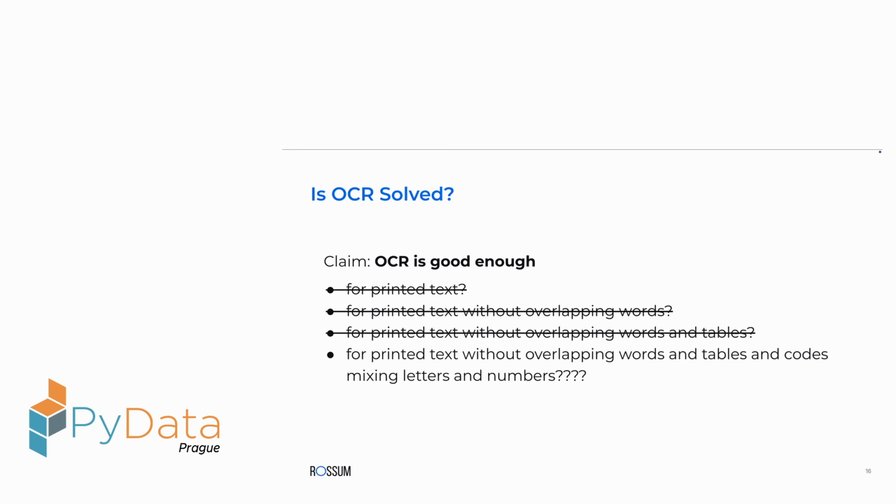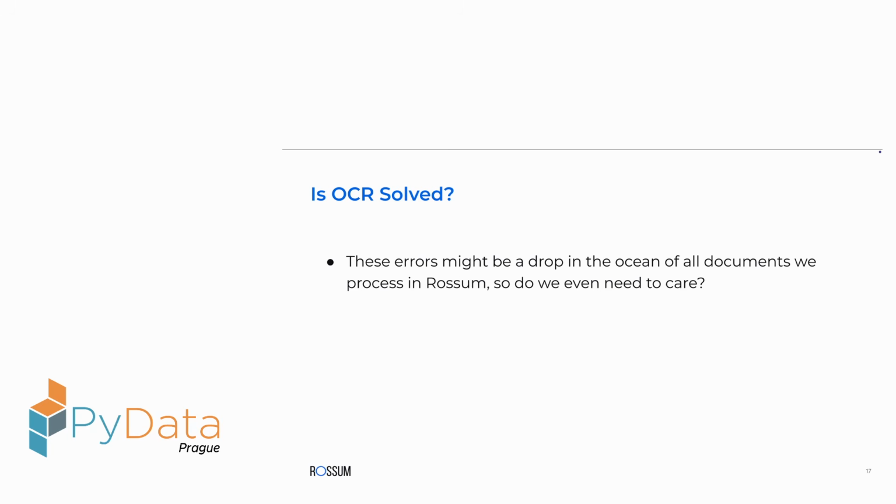So to be fair, those examples were cherry-picked. Those are quite rare in general in the sea of documents that we process. So maybe we don't need to care too much, because we don't expect 100% accuracy from machine learning models. So we expect there are always some mistakes, right?